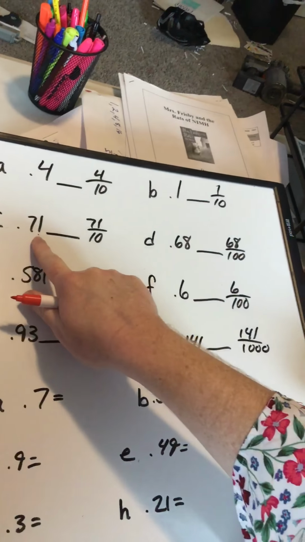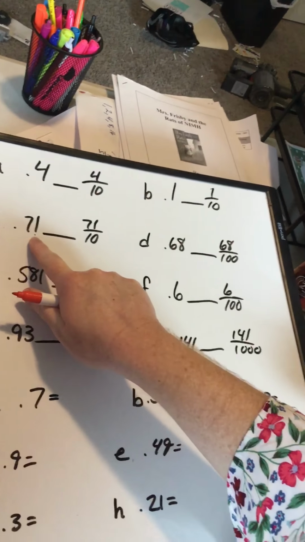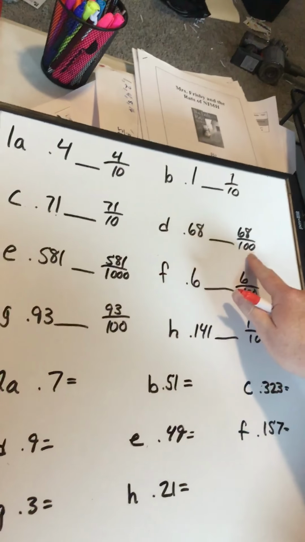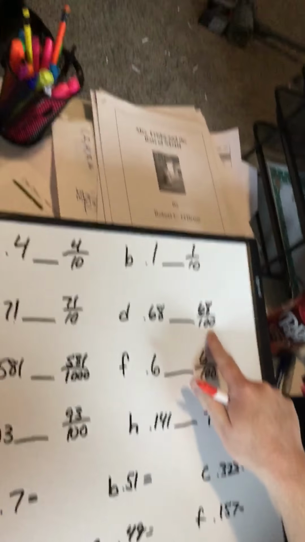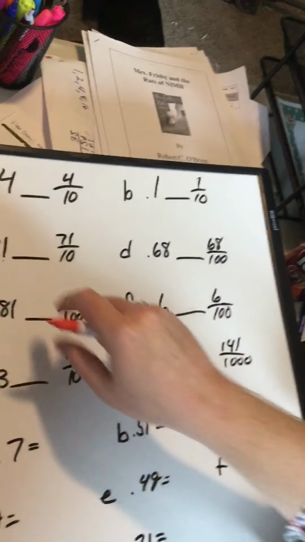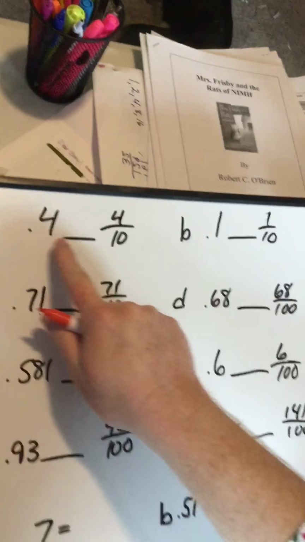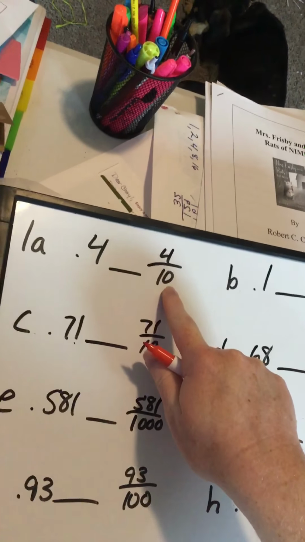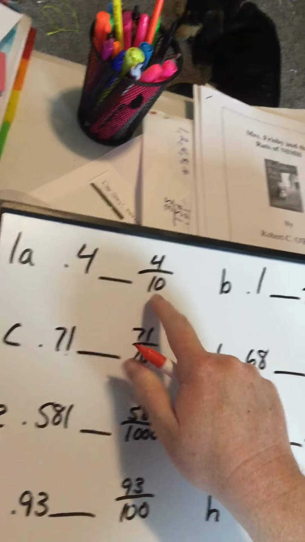If you have two numbers, let's go to the one that's correct. If you have two numbers, you need to have 2 zeros on the bottom, and so on.